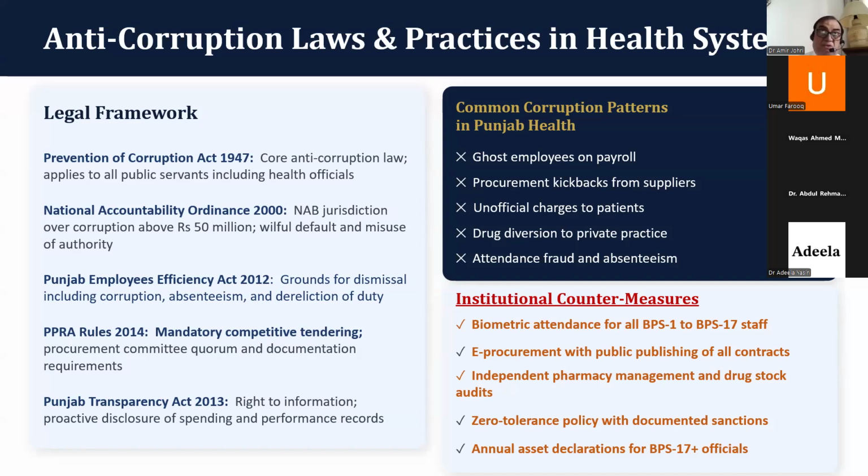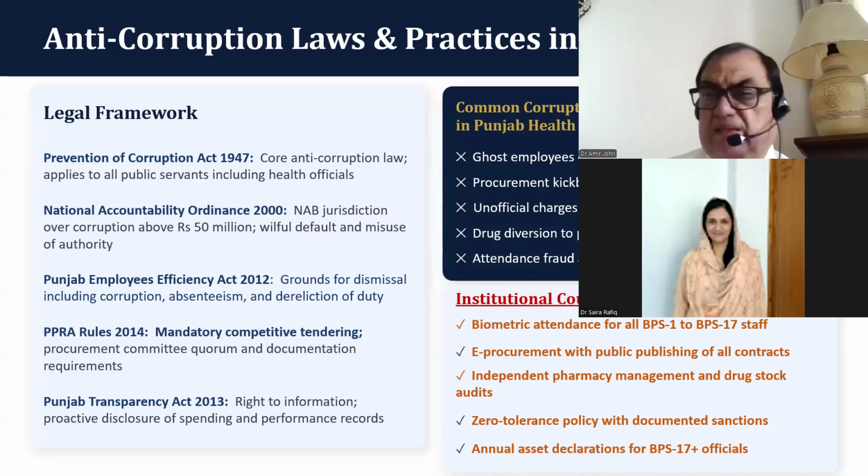I think there should be zero tolerance for that, especially for managers at your level. Lastly, annual asset declaration for BPS 17 plus officials. Wow, I think this is what the NAB and other anti-corruption people are doing. But these are very hard points to digest.